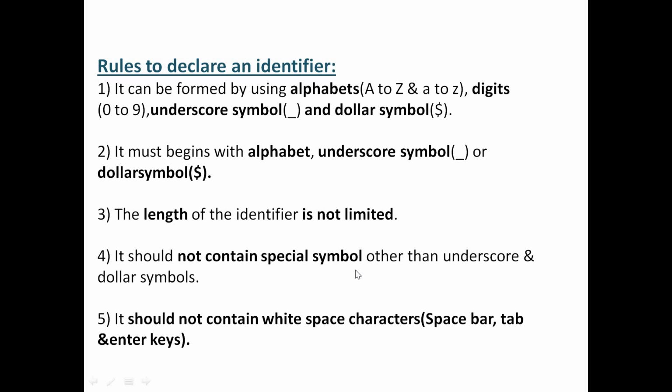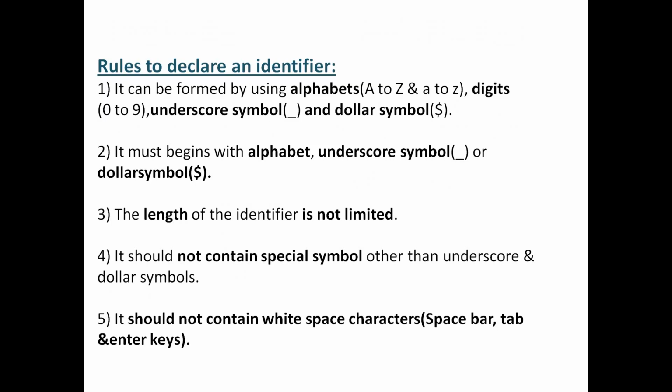It should not contain any special symbol other than underscore and dollar symbol. If you add any other special symbols, it will not allow and will throw an error. And the fifth point is it should not contain white spaces, such as spacebar, tab, or enter keys. That means spaces it will not allow.